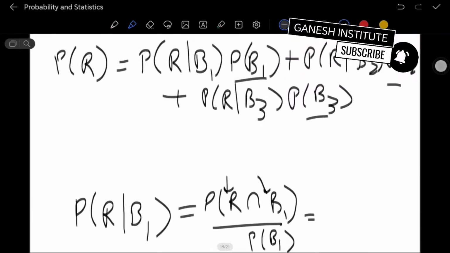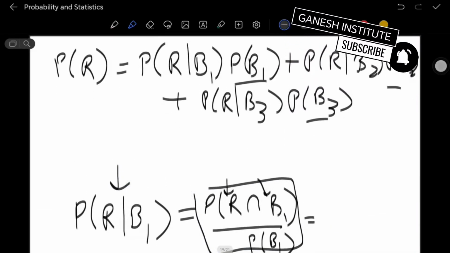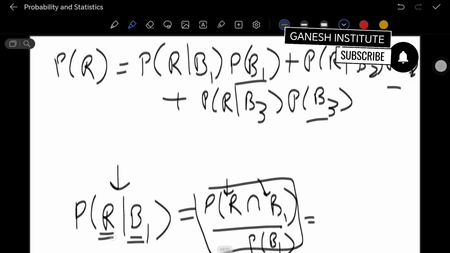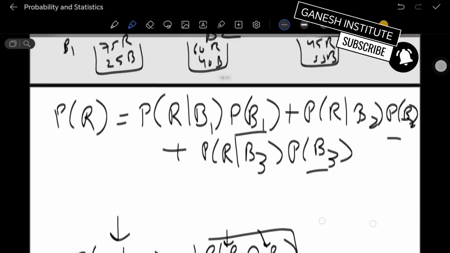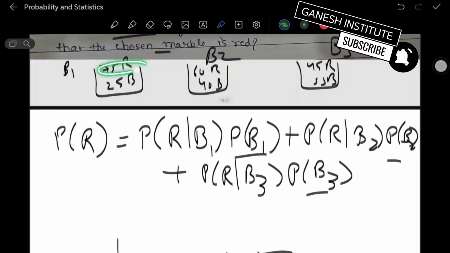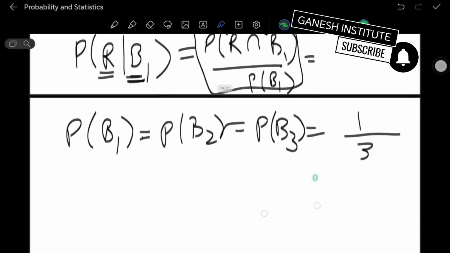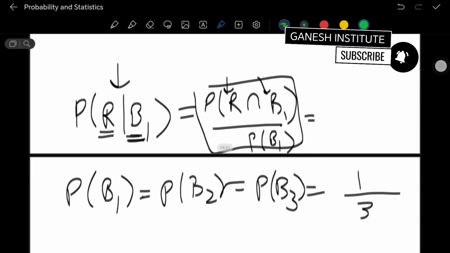Or you can simply, without solving it, read it from here. You need to choose a red marble from bag 1. What's the probability? 75 out of 100. That is 0.75, right?